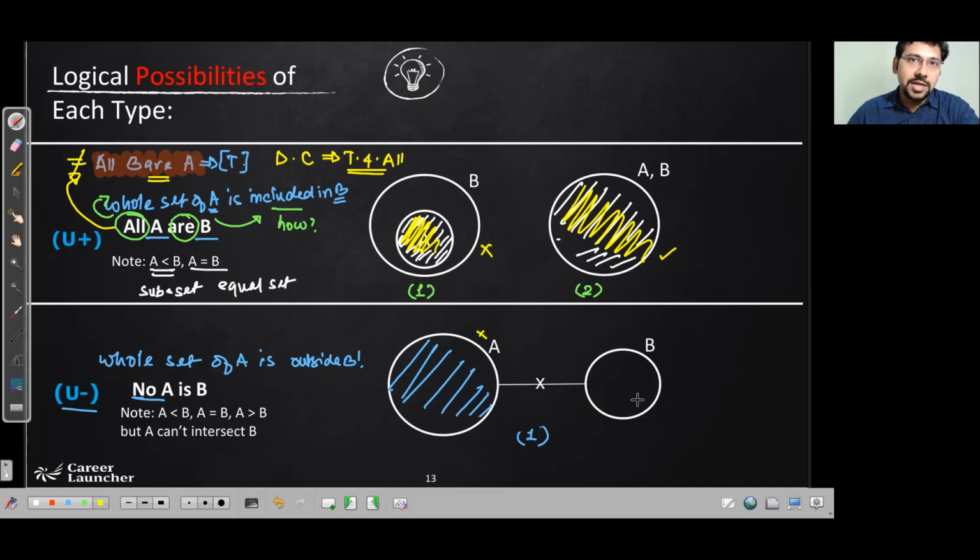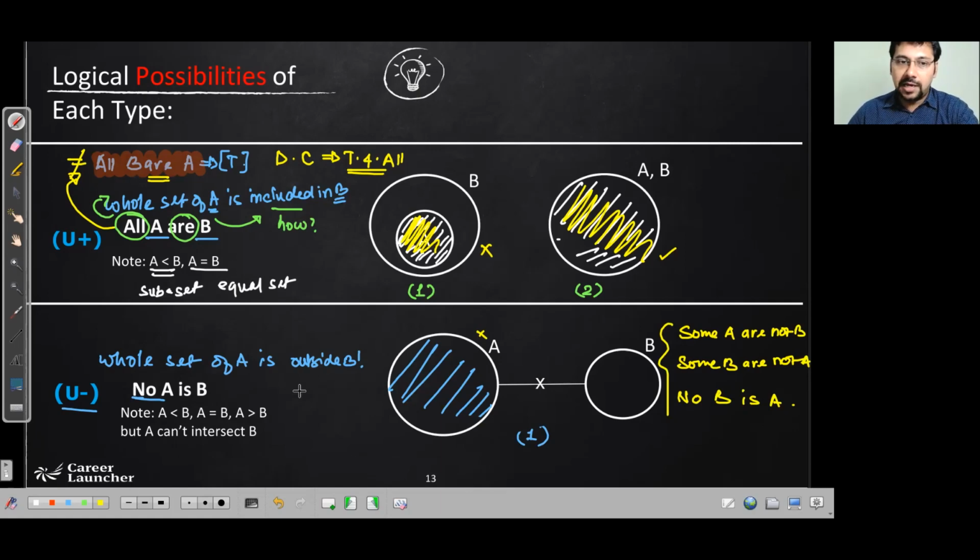So the three conclusions that were derived from it immediately were: some A are not B, some B are not A, and no B is A. And all of them are going to be true in every possibility.